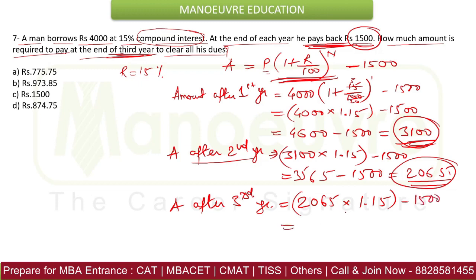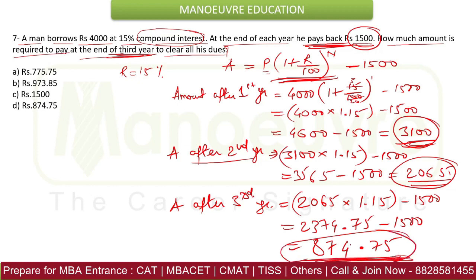So this value 2065 into 1.15 will be 2374.75 minus 1500, that will be equal to 874.75. This is the final amount that he is required to pay at the end of third year. So here option D will be the final answer.